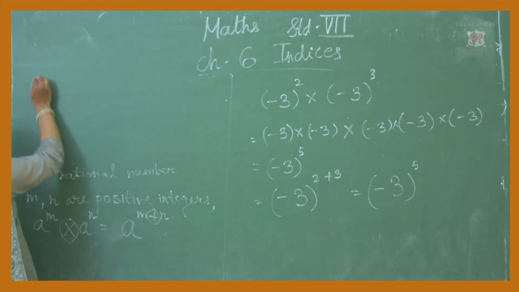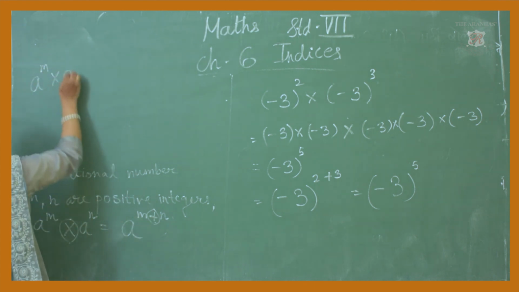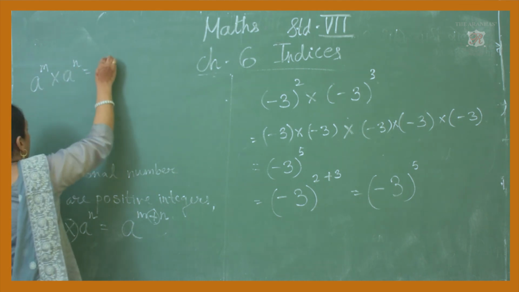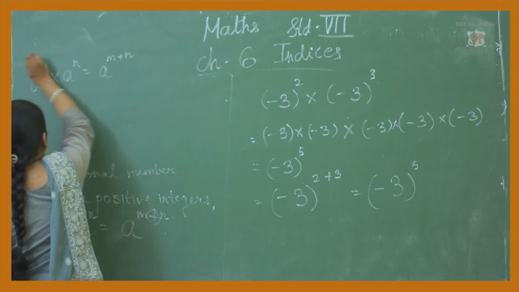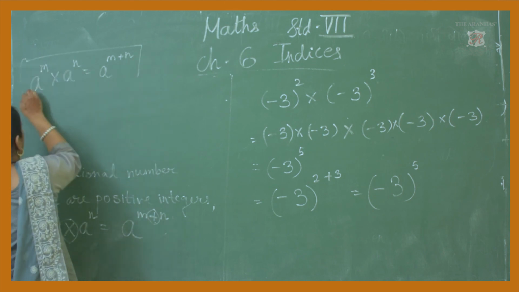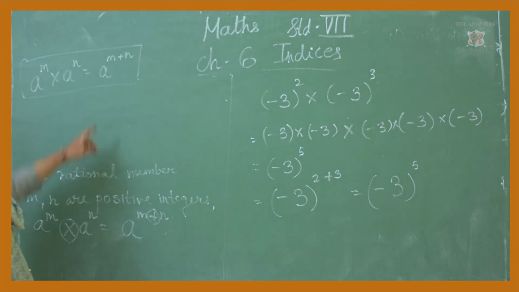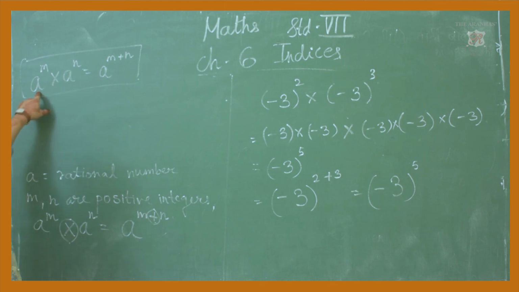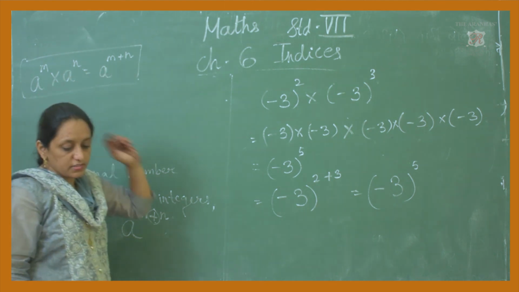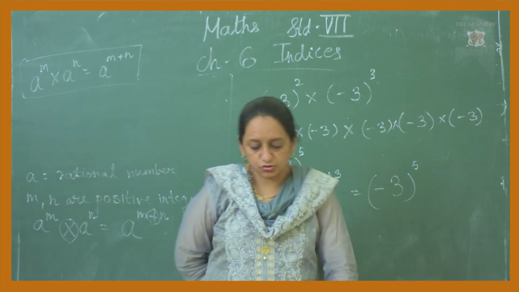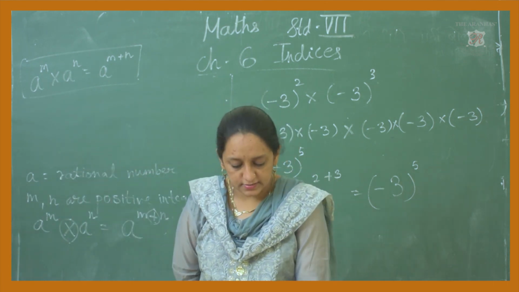So you have to remember this and write it 10 times and fit it in your mind. It is a very useful rule. A raised to m into a raised to n is equal to a raised to m plus n, where a is any rational number and m and n are positive integers. This is the first rule of this indices lesson.